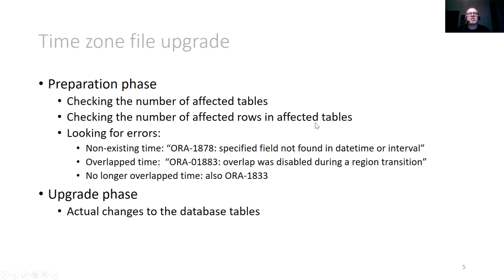The affected tables are tables that have a column with the timestamp with time zone data type. This is the only data type that is affected by this whole process. So neither date, nor timestamp without time zone, nor timestamp with local time zone are affected by the process. Only the timestamp with time zone data type is affected.